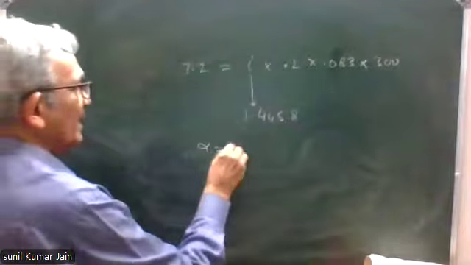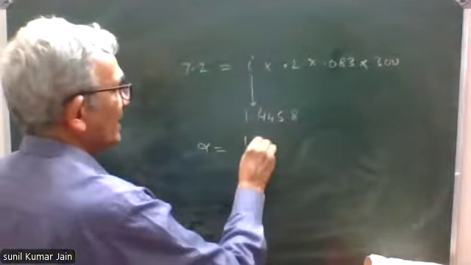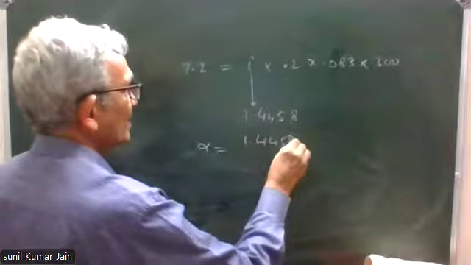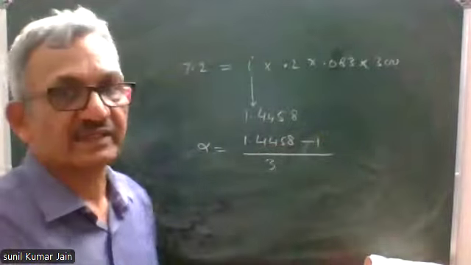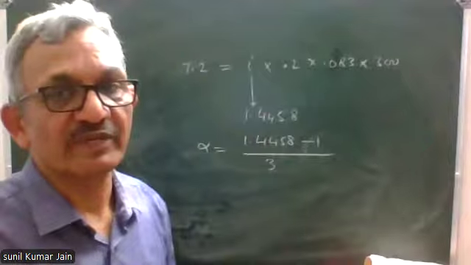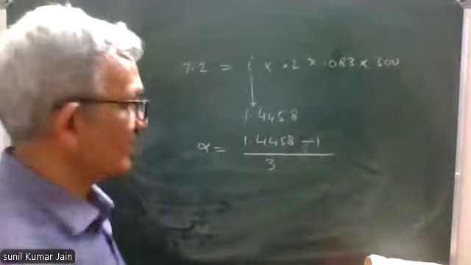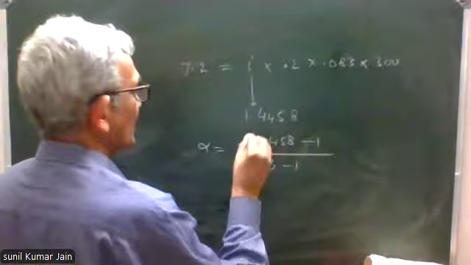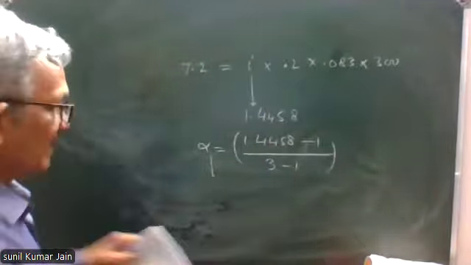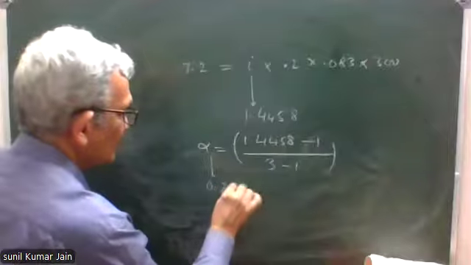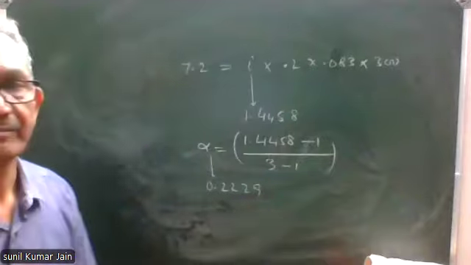Now, alpha is equal to i minus 1 divided by n minus 1. The number of ions produced by one molecule will be 3, so n is 3, minus 1. Right? To calculate the value of alpha, alpha will be 0.2229.